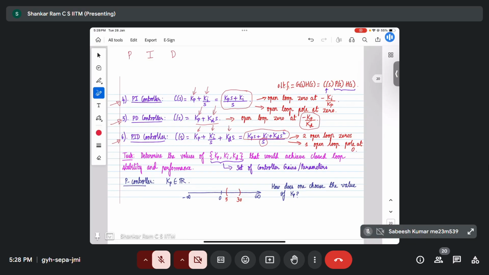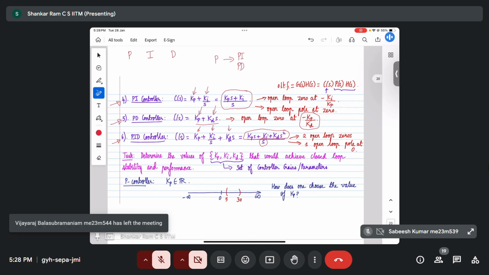By and large, as a rule of thumb, in practical problems, we start with the proportional controller. If it works out, well and good, we stop there, because any solution should be as simple as possible, but not simpler.